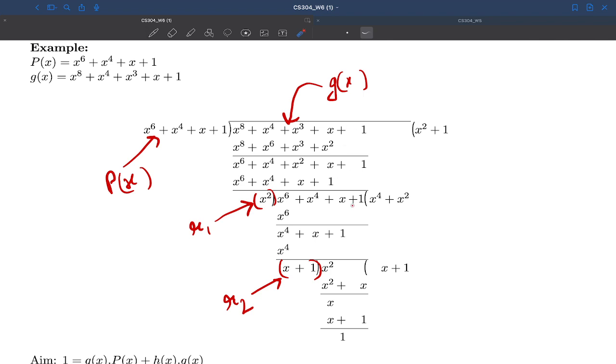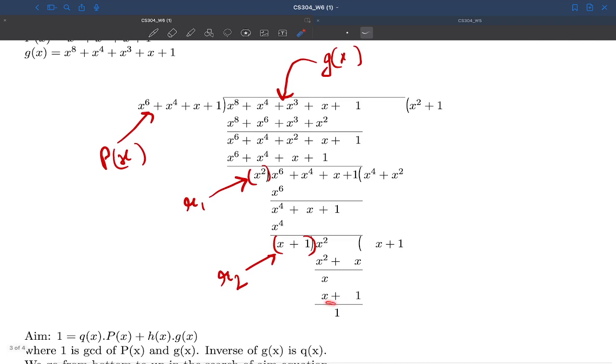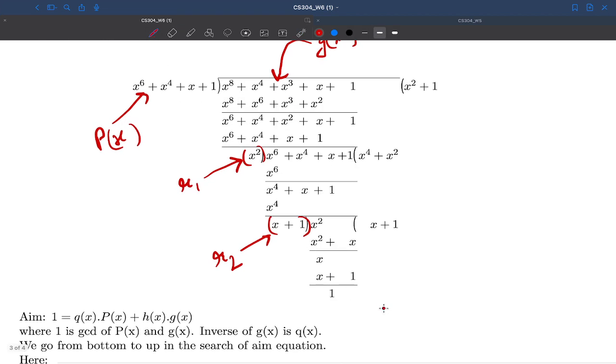Whatever was divisor previously. If I go one step before, I will get x^2. x^2 was acting as divisor, now it will become dividend. So now I can perform division, and I'm getting remainder 1. This is the final remainder 1. Whenever I get remainder 1, I stop there and do not move further. So this is the remainder r3. We keep on doing this until we get a remainder 1.